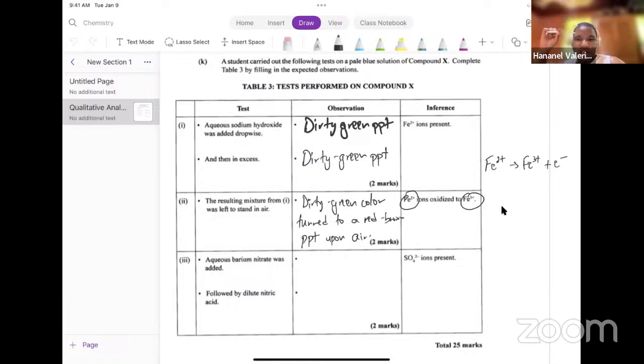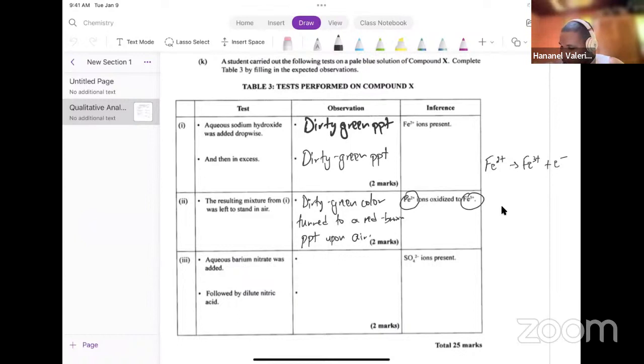So the 2 tests for cations all around the board are sodium hydroxide and ammonia. And of course, you can separate the aluminum and the lead based on what we talked about. And the barium nitrate tests are for anions. So we're looking for an anion. Obviously in this question, it will want us to determine what compound X is, okay?